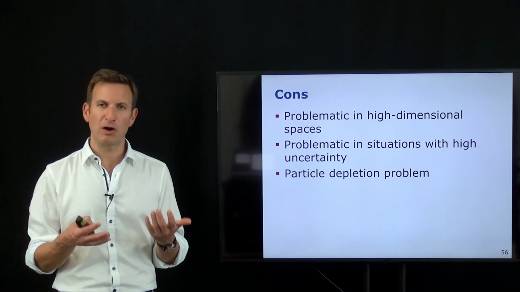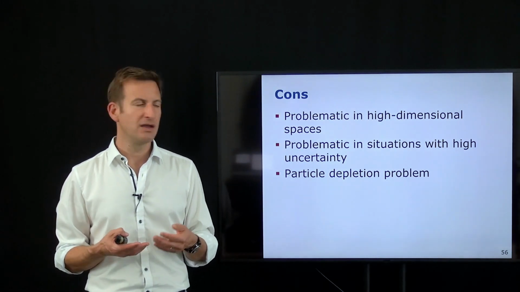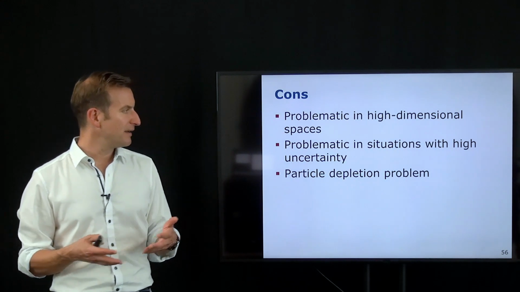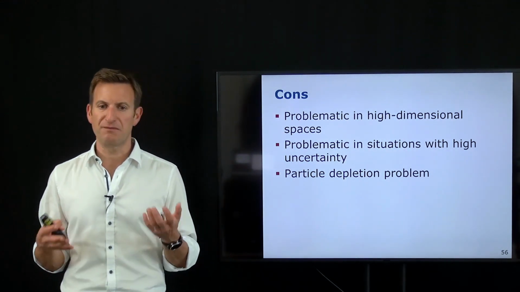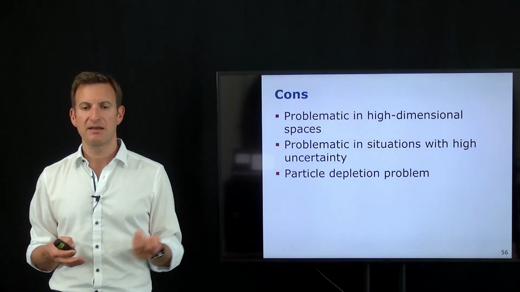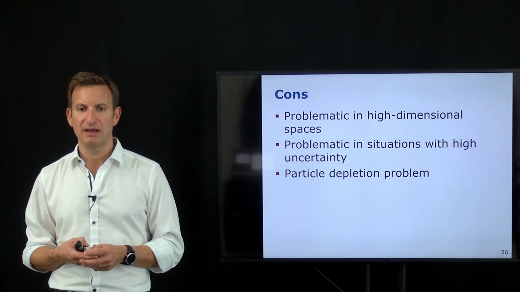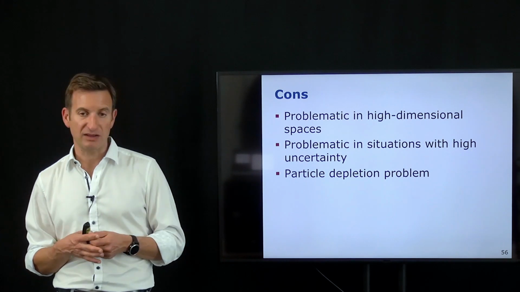It always depends on how many assumptions you can make about your environment and how many things you can simplify, but in areas with high-dimensional state spaces or regions of very high uncertainty, the particle filter may be problematic, and that's something you need to take into account.